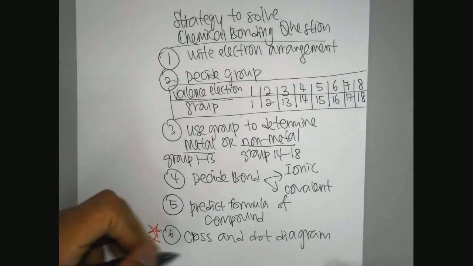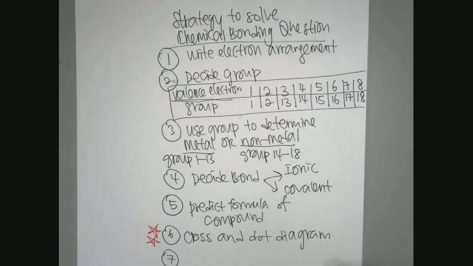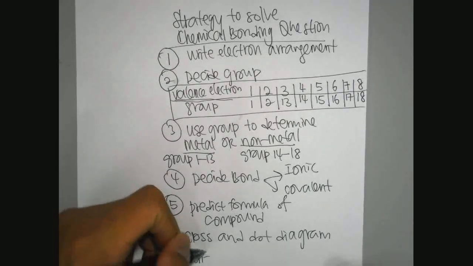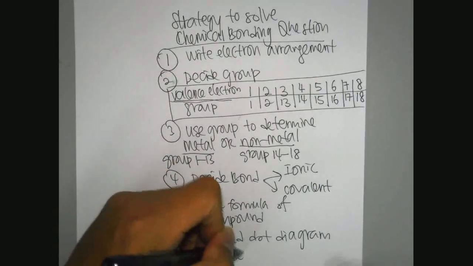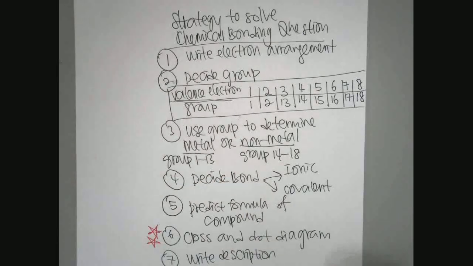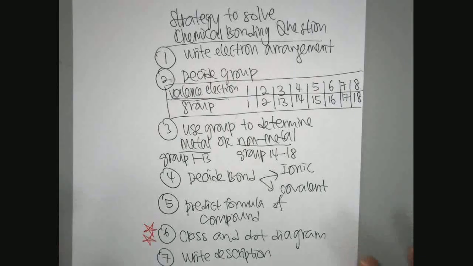Only in the end, after you draw the picture, you can write the word description of how the bond is actually formed. So this is the flow, the strategy that we can use to solve whether it is ionic or covalent. This flow is workable.